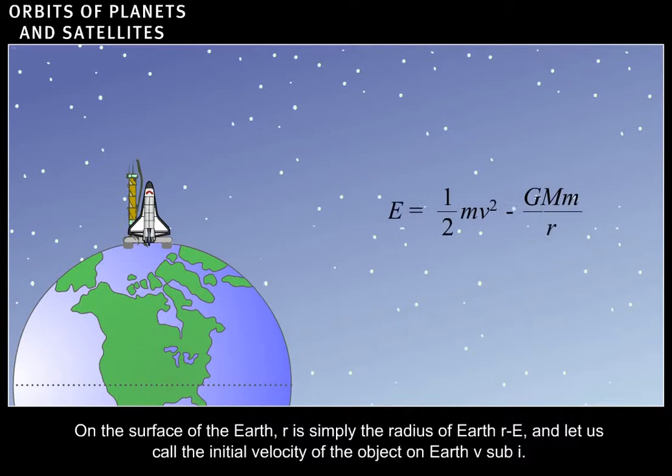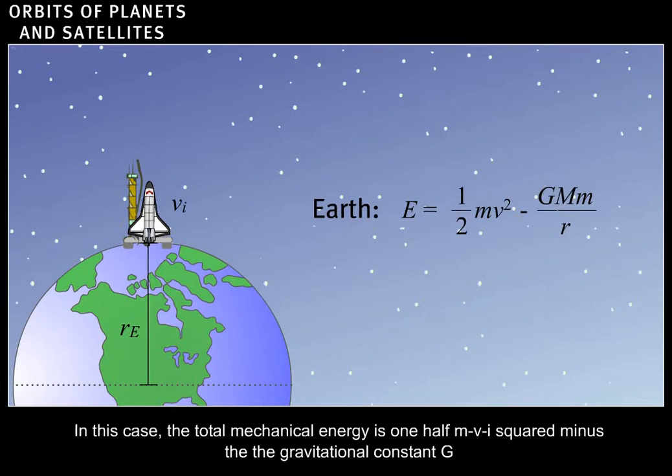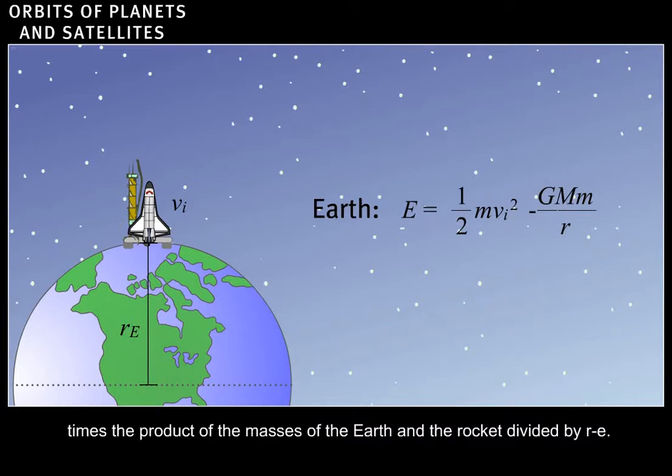On the surface of the Earth, r is simply the radius of Earth, RE, and let us call the initial velocity of the object on Earth v sub I. In this case, the total mechanical energy is 1/2 m vi squared minus the gravitational constant G times the product of the masses of the Earth and the rocket divided by RE.